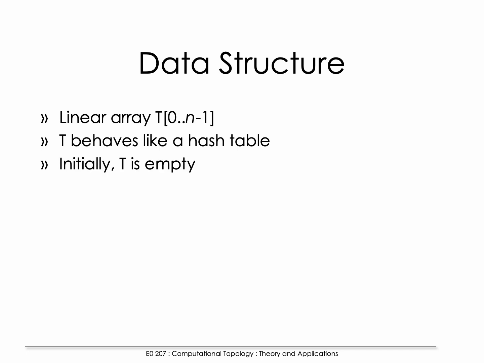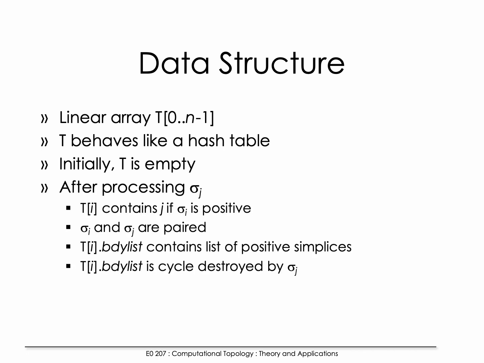Initially, this array is empty, but once it's processed completely, what does it store? At the end, finally, it stores all the pairs of simplices.